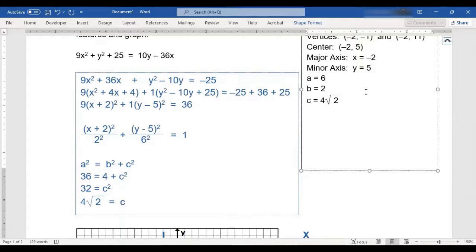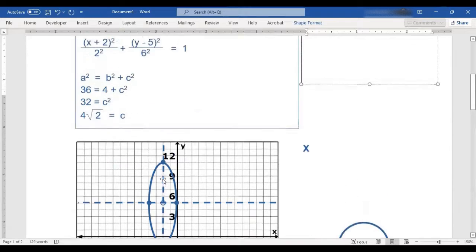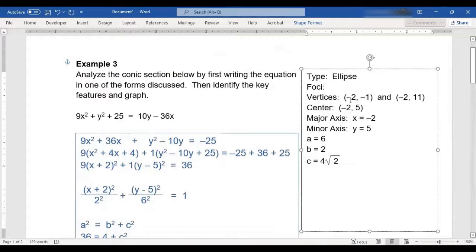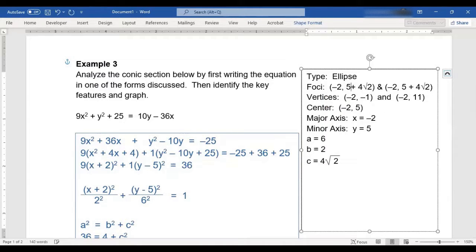Okay. So when I go to graph that, I'm starting at my center and moving up 4 root 2 and moving down 4 root 2. Starting at my center, I have the same x value, and then I'm moving up 4 root 2 and then moving down 4 root 2. Let's go ahead and condense some space here.